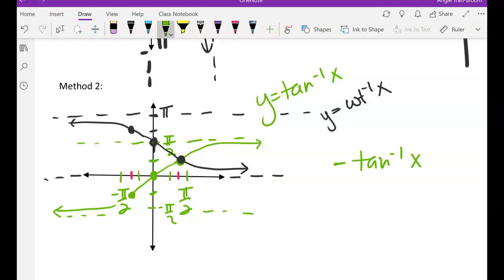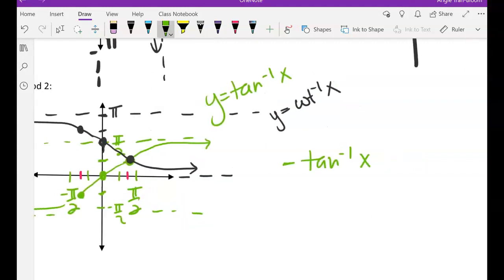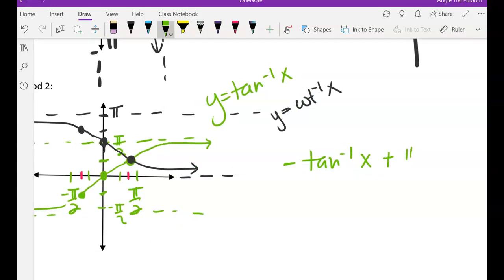So now it's upside down. What else do you have to do to make it look exactly like the black? Add pi over 2. Yes, we're going to move it up. Gorgeous. So that's exactly right. Those transformations will make it look like the black graph.